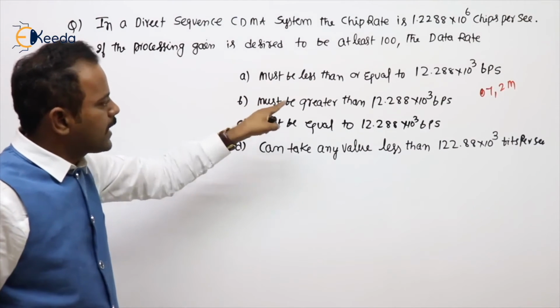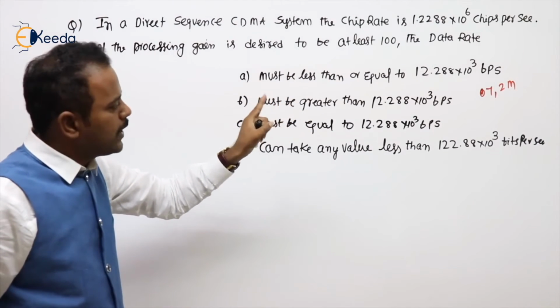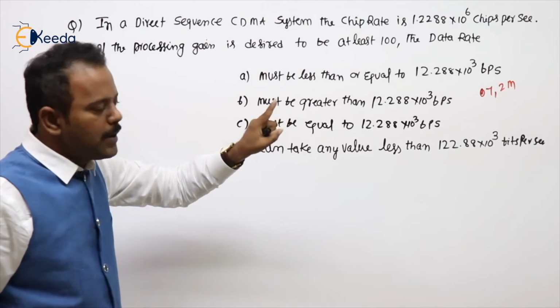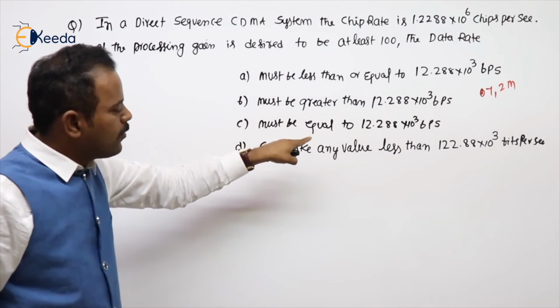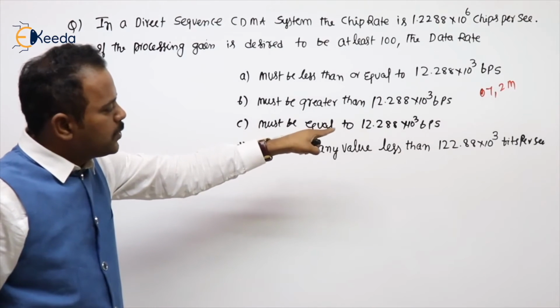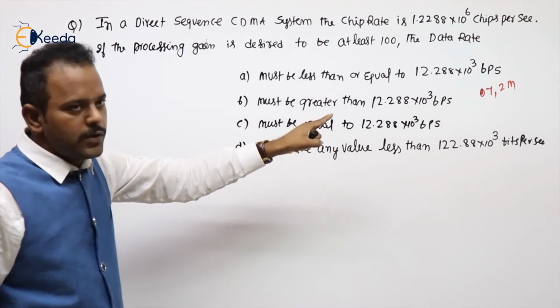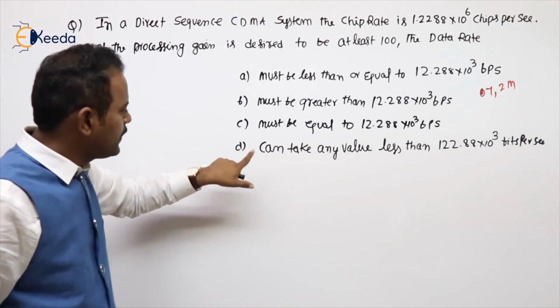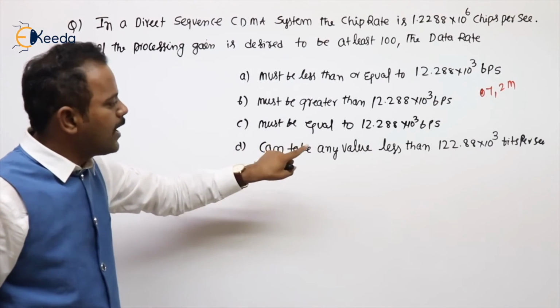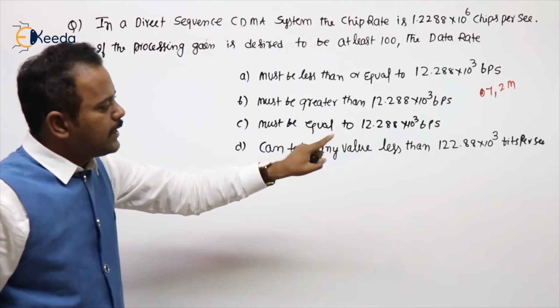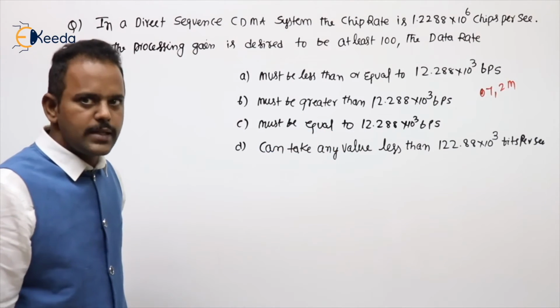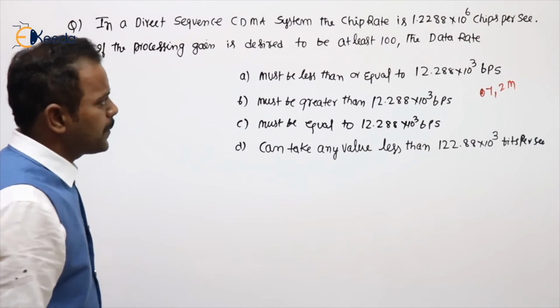Option B must be greater than 12.288 into 10 power 3 bits per second. Option C must be equal to 12.288 into 10 power 3 bits per second. Option D can take any value less than 122.88 into 10 power 3 bits per second. These are the 4 options given.